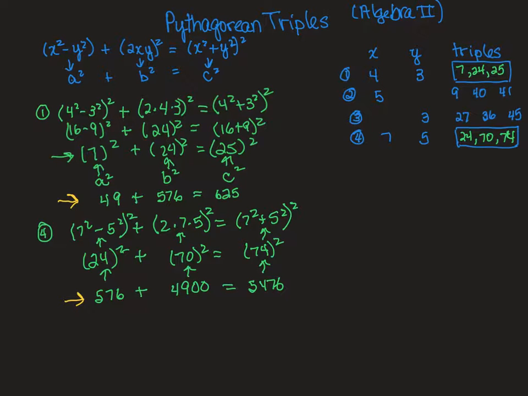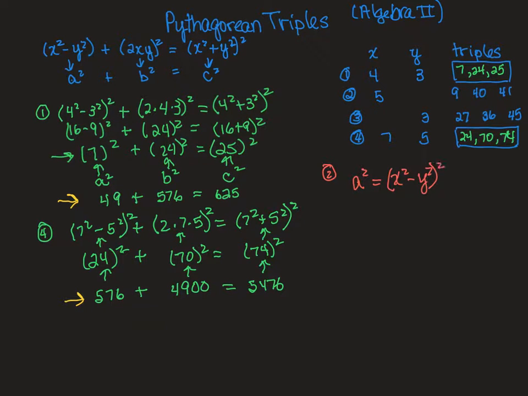Now let's look at number 2. This one's going to be a little bit different. I know what the X is, it's 5, but I don't know what the Y is. So I'm going to take the equation apart. A squared equals X squared minus Y squared.